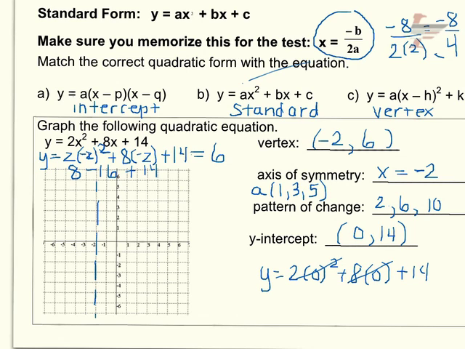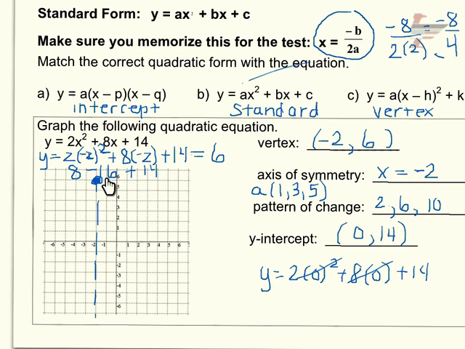So my vertex is at negative 2 and 6. So if I go over to negative 2, 6, there's my vertex right there. And I would then plot my pattern of change, which is over 1 up 2. So from here, and I'm not going to actually draw it in because I have too much writing. I apologize for that, but I think you're going to be okay.